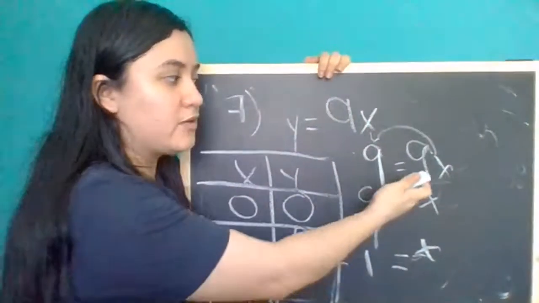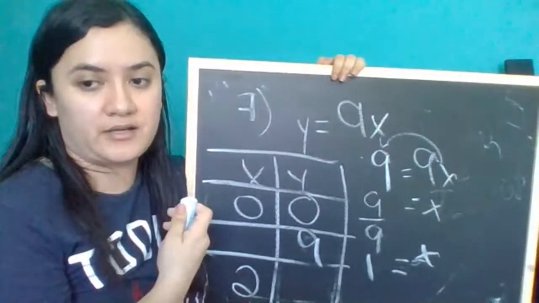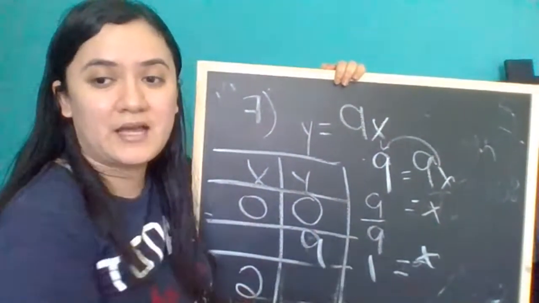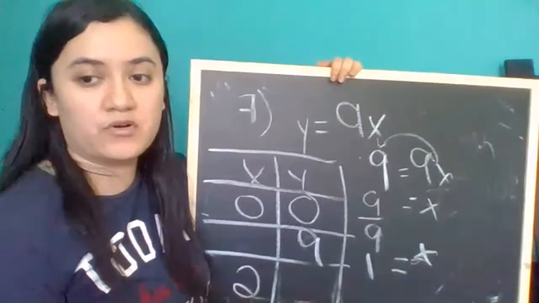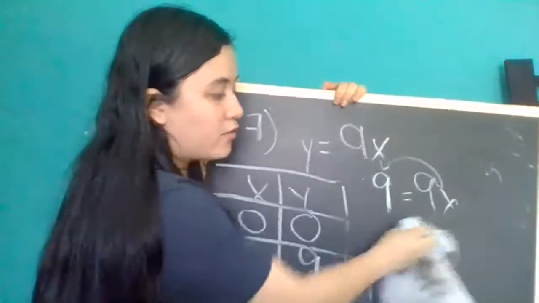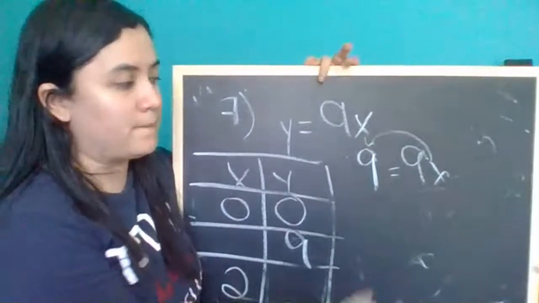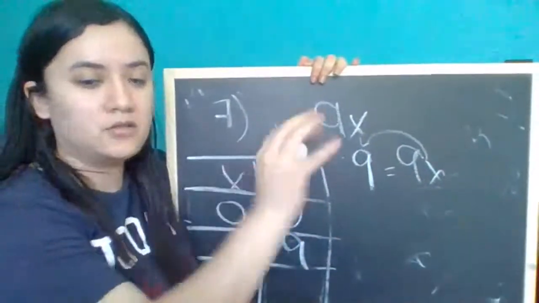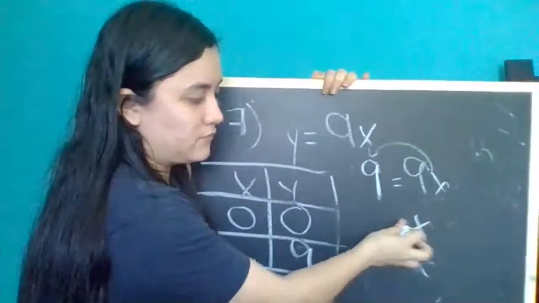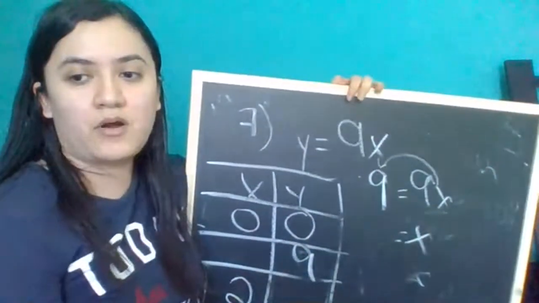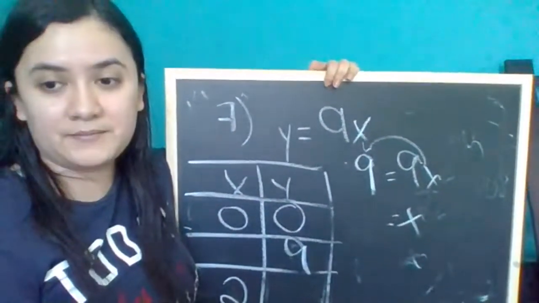Remember, always, it will do the opposite on the other side. No, 9 divided by 9. We are not multiplying, we are dividing. Why are we dividing? Because we need to leave this x alone. For it to be alone, it has to pass to the other side.